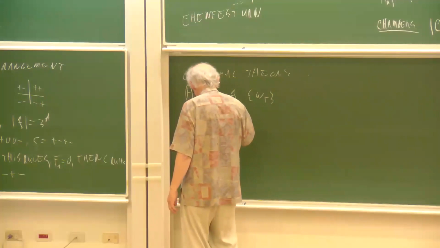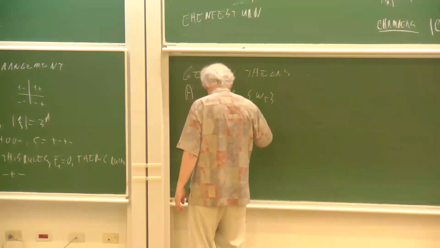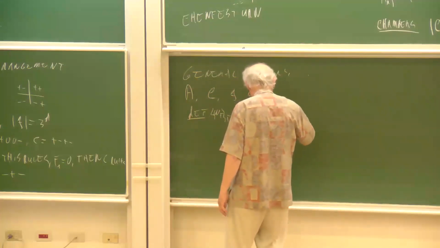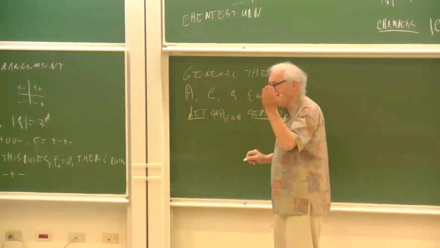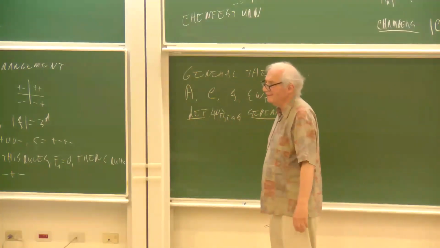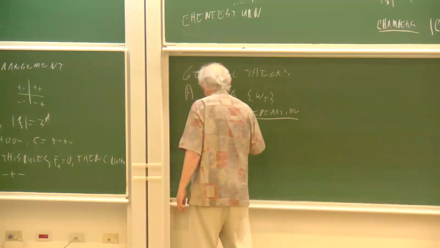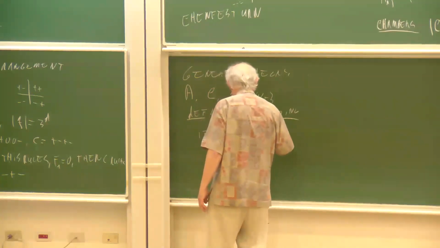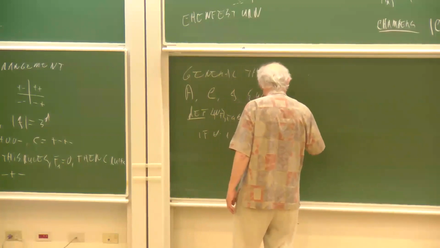A set of face weights is separating if they're not all contained in the same hyperplane, that is, if for every i there exists an F such that F is not contained in H sub i.